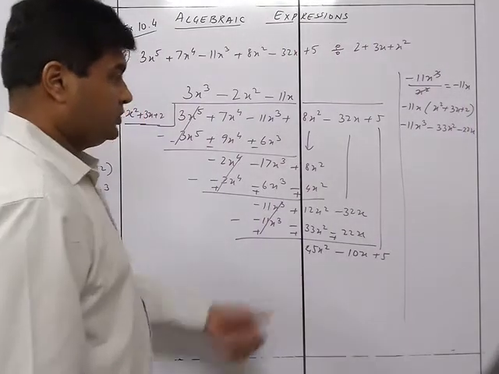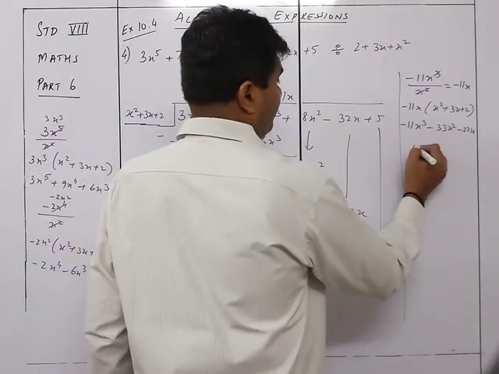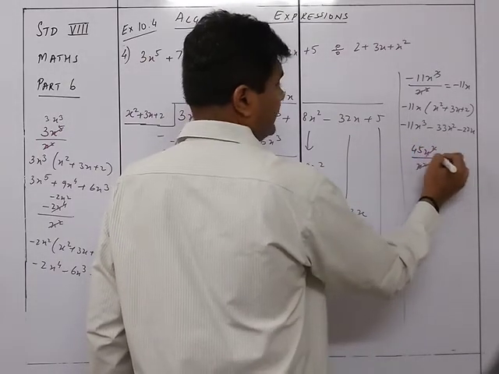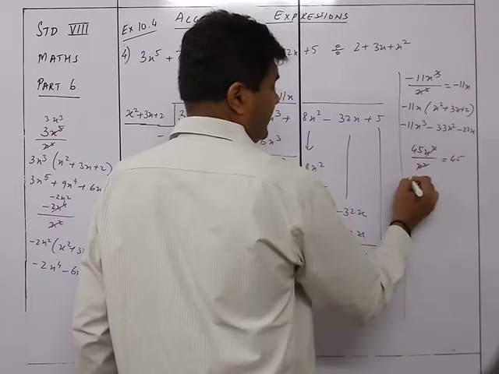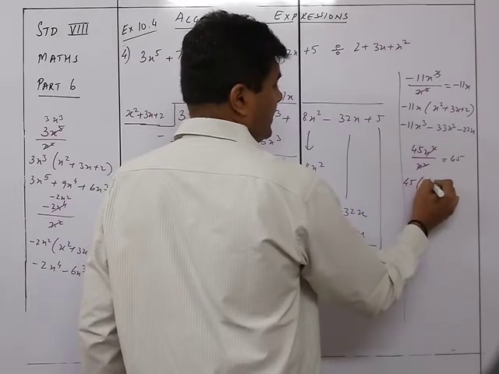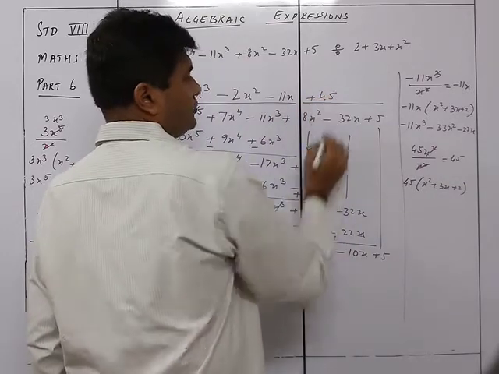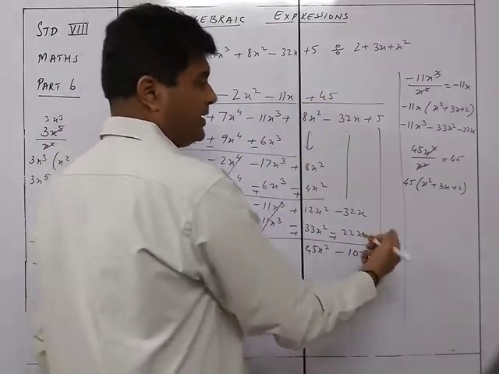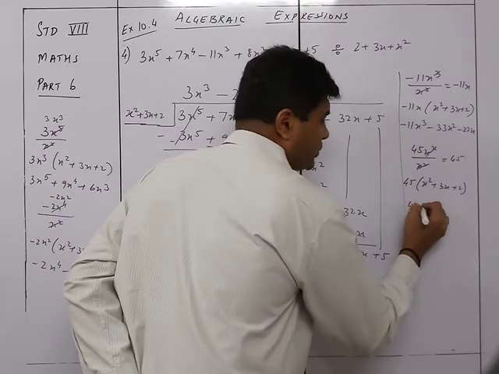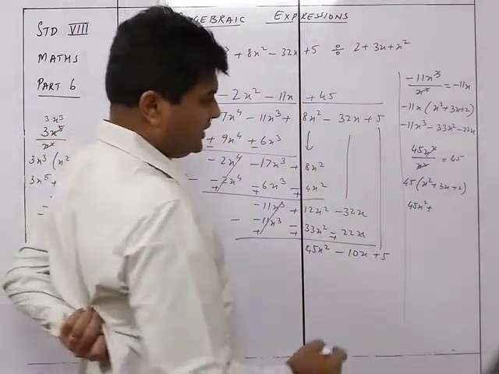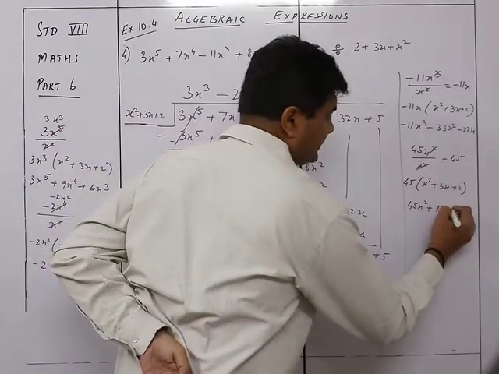Okay. So last thing, 45x square upon x square. X square will cancel, is equal to 45. So it is 45 into x square plus 3x plus 2. So 45 comes here. So we got the complete quotient. Now we find the remainder. So it is 45x square plus 45 into 3 will give you 135x plus 90.